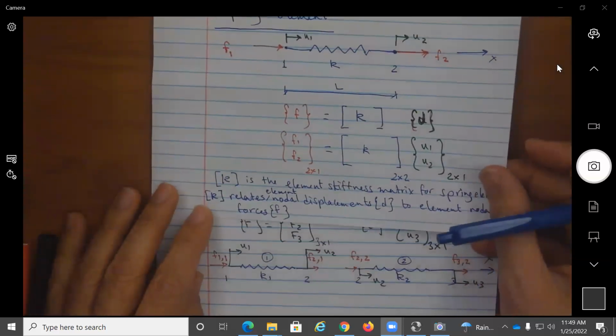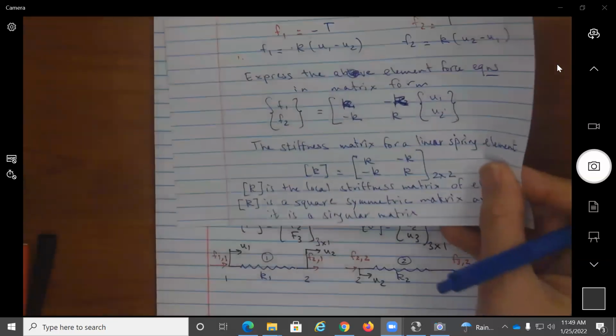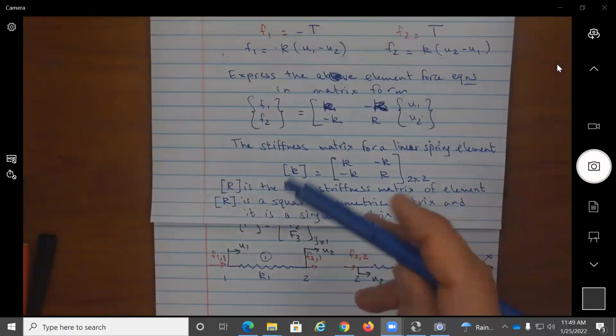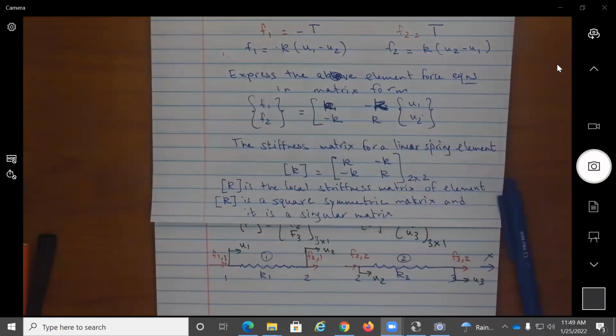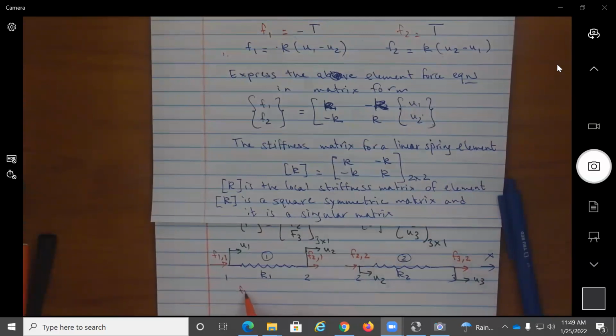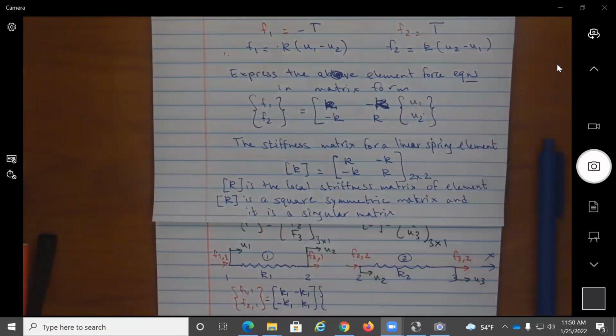So I can write these equations for my first element: F11, F21 is equal to the matrix K1, minus K1, minus K1, K1, multiplied by U1, U2.